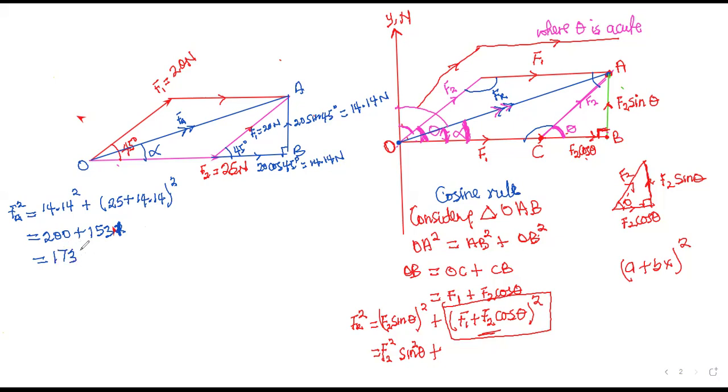Yes, 1,732.31. So FR is the square root of that. What's the square root of that?